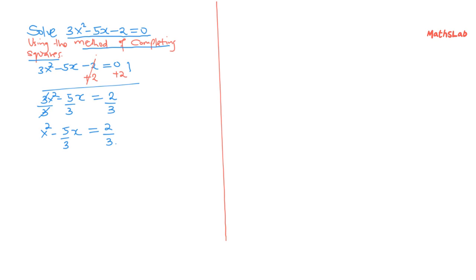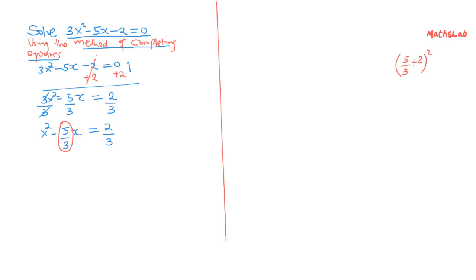Now what I want us to do here is to pick that coefficient 5 out of 3, and I want us to write 5 out of 3 here. To be able to complete the square, we are going to have to divide 5 out of 3 by 2 and square the result.